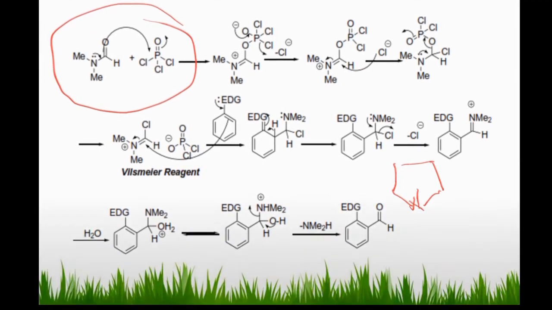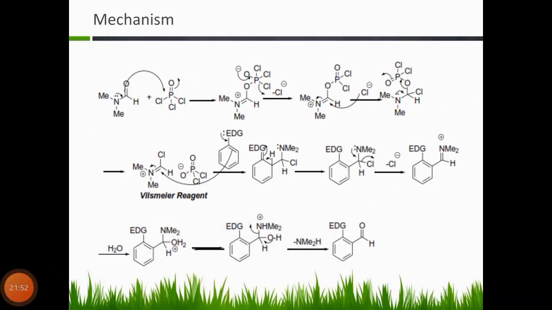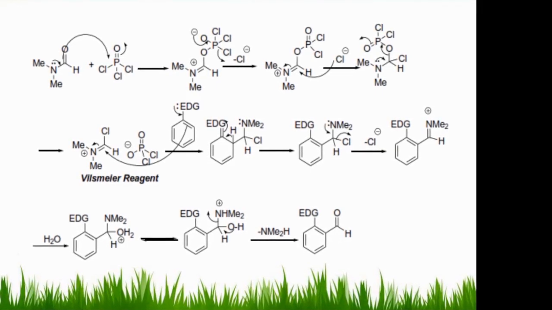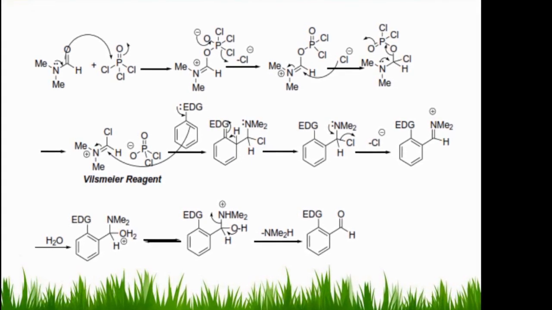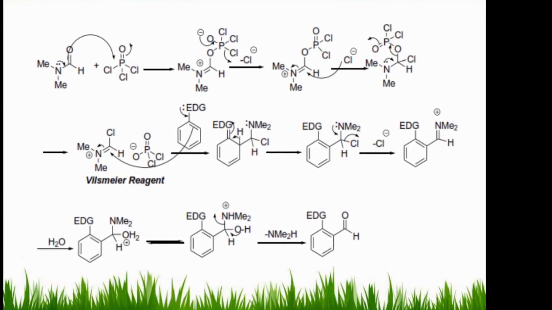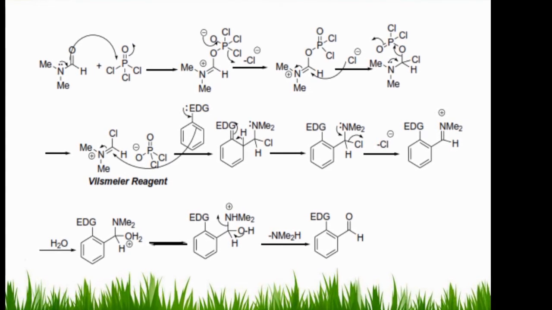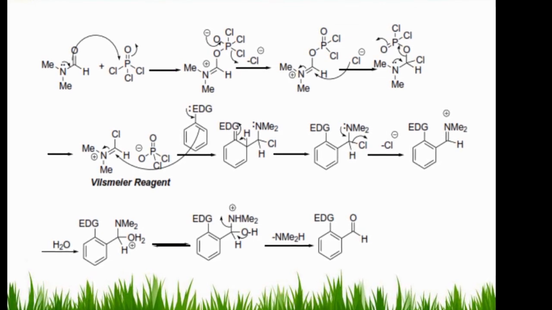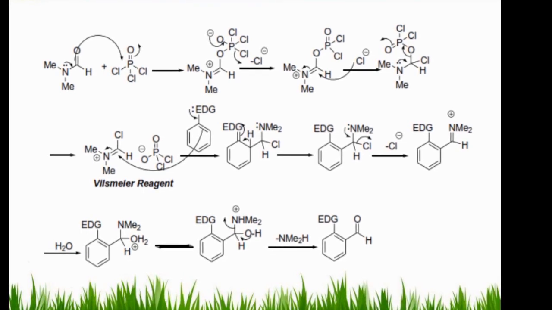So these three are the reactants, and you have to go for the Vilsmeier-Haack reaction and tell me what the product is along with the mechanism, and you have to discuss why in the Vilsmeier-Haack reaction the second position is more preferred. Hope you understood. So the in-class question is this: instead of the aromatic compound in this mechanism, you have to take pyrrole and draw the mechanism, plus explain why the second position is preferred.